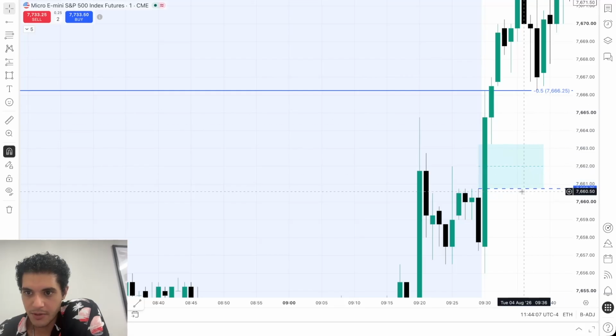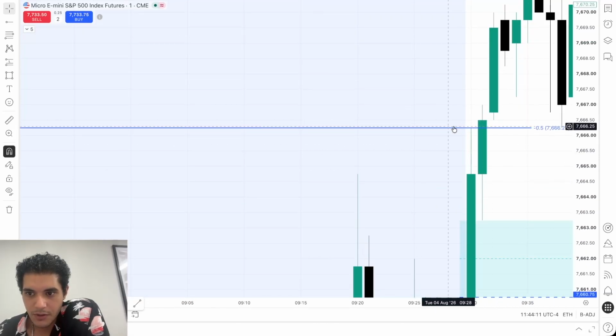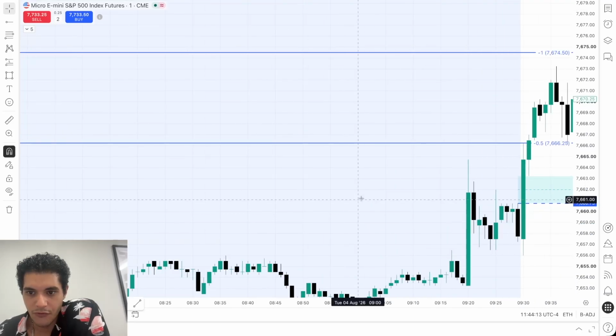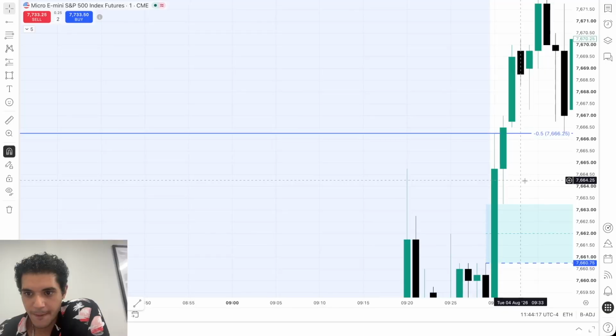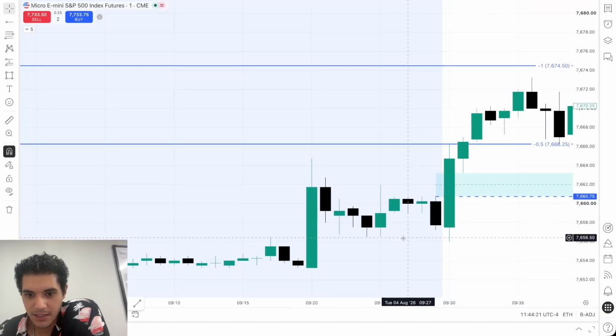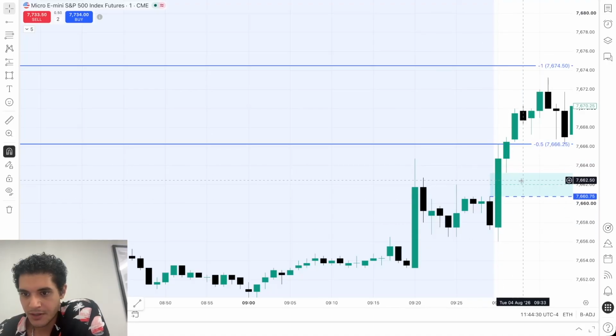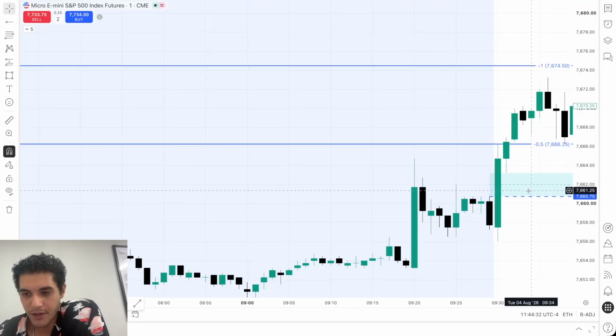Fair value gap. Okay. Notice how this 0.5 projection level gets tapped into here. But again, you might not get a pullback because price is so bullish. You didn't get a pullback into this bullish order block. You have a fair value gap and it just rips higher. Here, this is considered a breakaway gap.